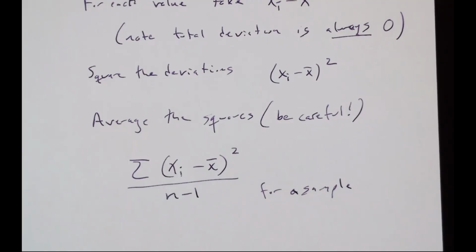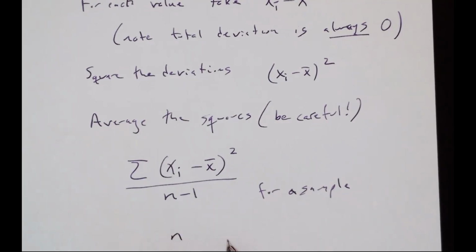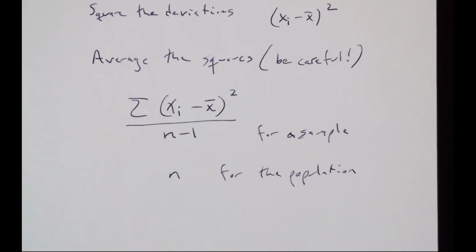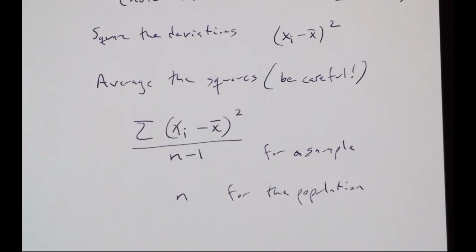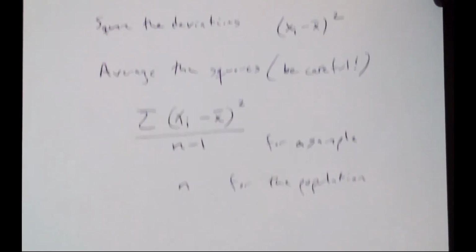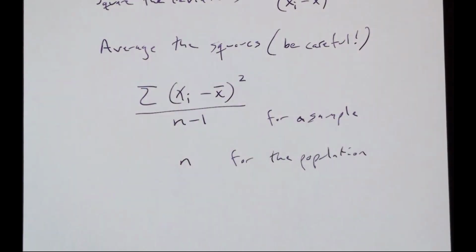If I happen to have all the data, the whole population, then I can divide by n. But if I have a sample, I want to make this number a little bit bigger. When you divide by something smaller, you make your answer bigger. So that's the difference in the two kinds of variations I can get.